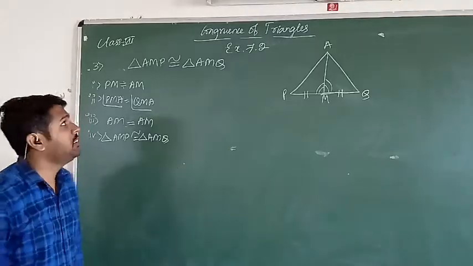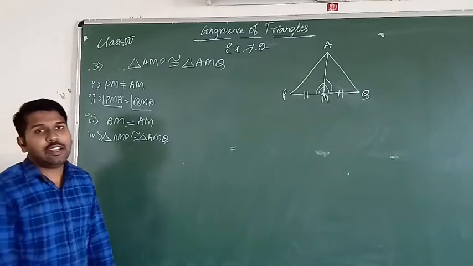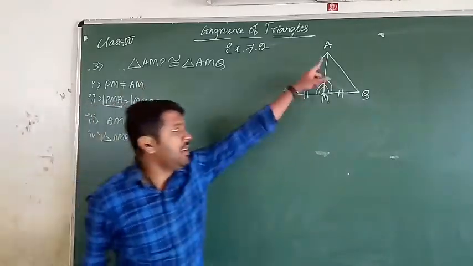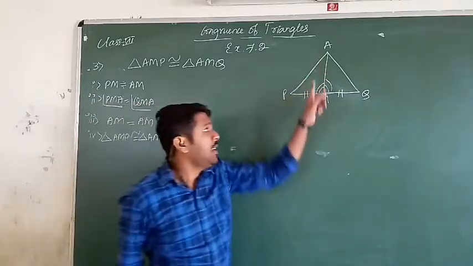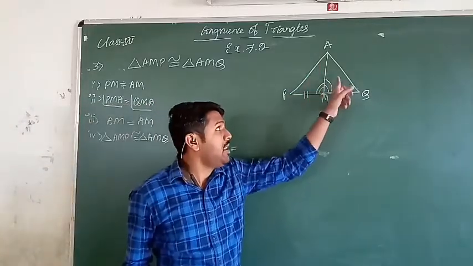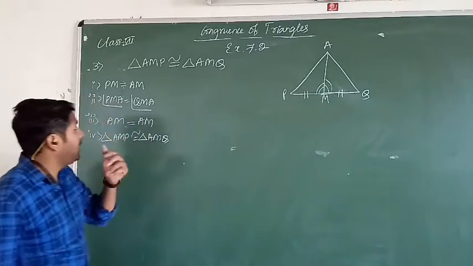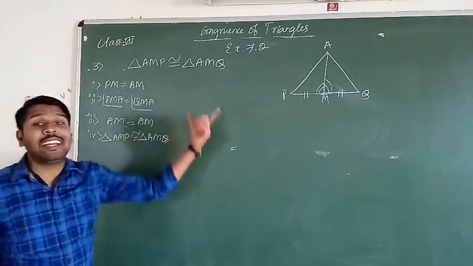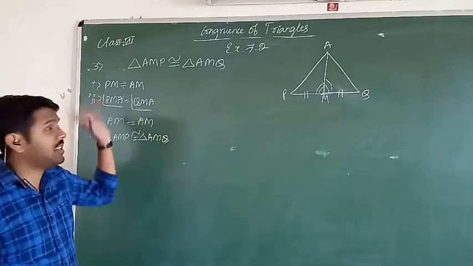So next, third one. Here they have given the triangles and they are congruent also. So AMP and AMQ, these two triangles, and here they have given the corresponding parts also. But you should write the reason why these are corresponding parts.